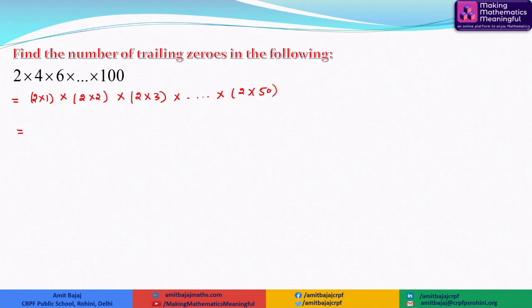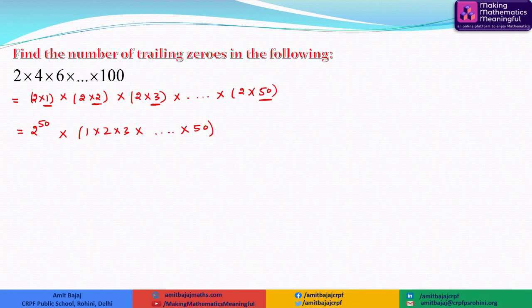From all these terms we have 2 coming a total of 50 times. So 2 power 50 into what we're left with, 1 into 2 into 3 up to 50.